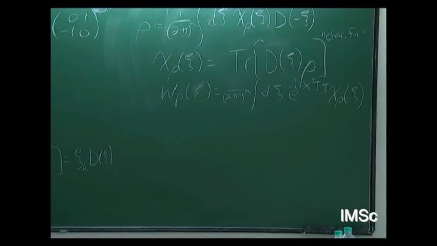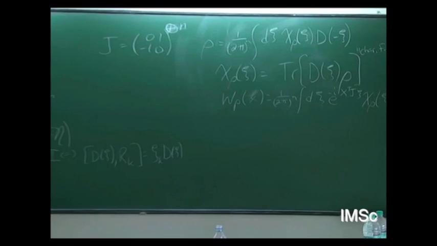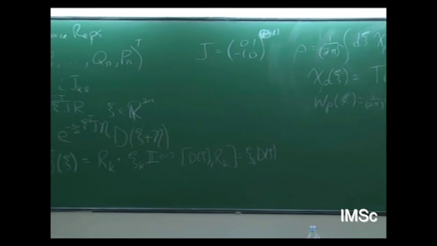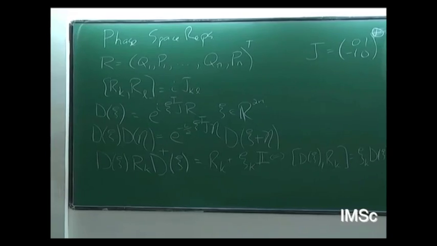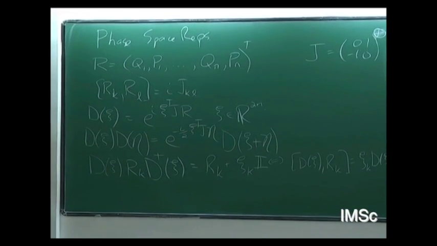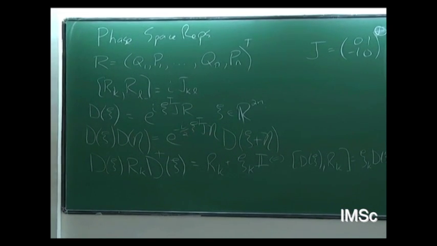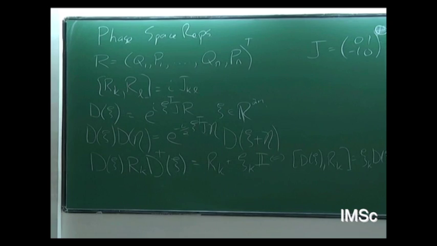Okay, so these objects are going to be useful for us in describing bosonic systems, but specifically in describing Gaussian systems, or Gaussian bosonic systems. But before we do that, let's do a couple of examples.